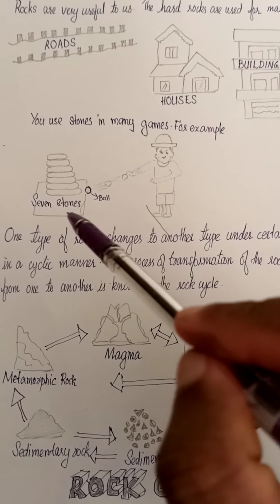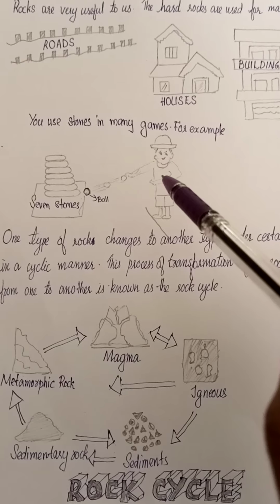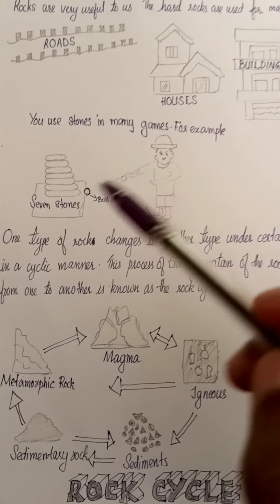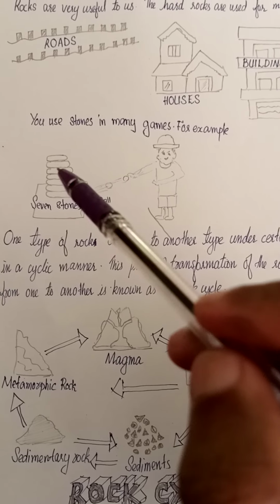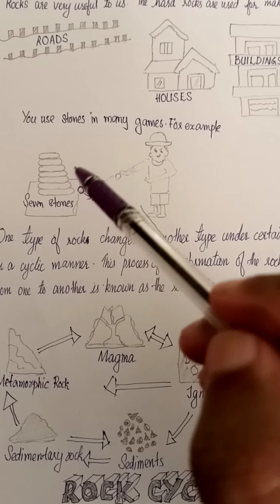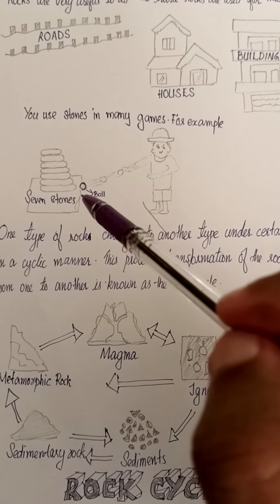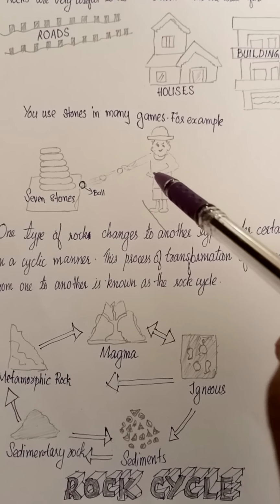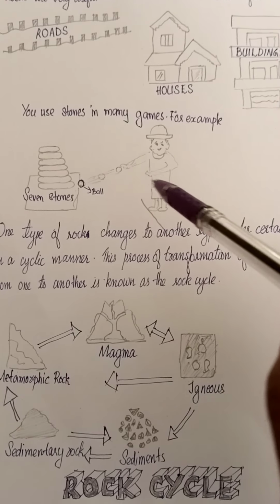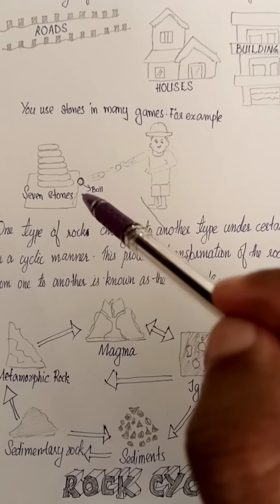For example, 7 stones. Sometimes you may play this game. You will have a ball, and you throw the ball at 7 stones kept in order. If you throw it, the stones fall down, and then they throw the ball at you. If it hits your body, they get a point. This is called 7 stones.